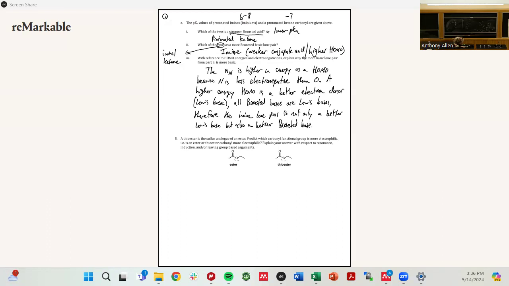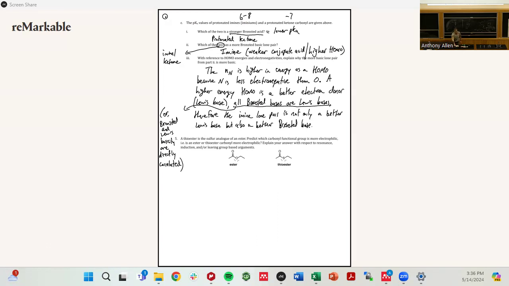Or you could say, here you could say, Bronsted and Lewis basicity are directly correlated.